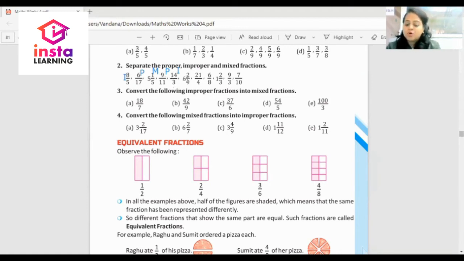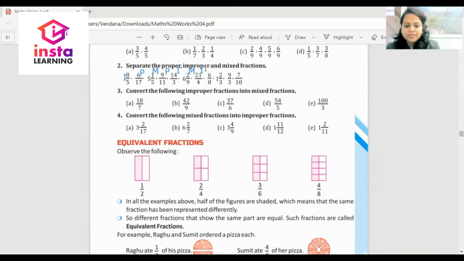Now 6, 2 upon 9: it means a whole number and a proper fraction. 2 upon 9 is a fraction, and the whole number is 6, so it is in the form of a mixed fraction. Now it's your improper fraction.